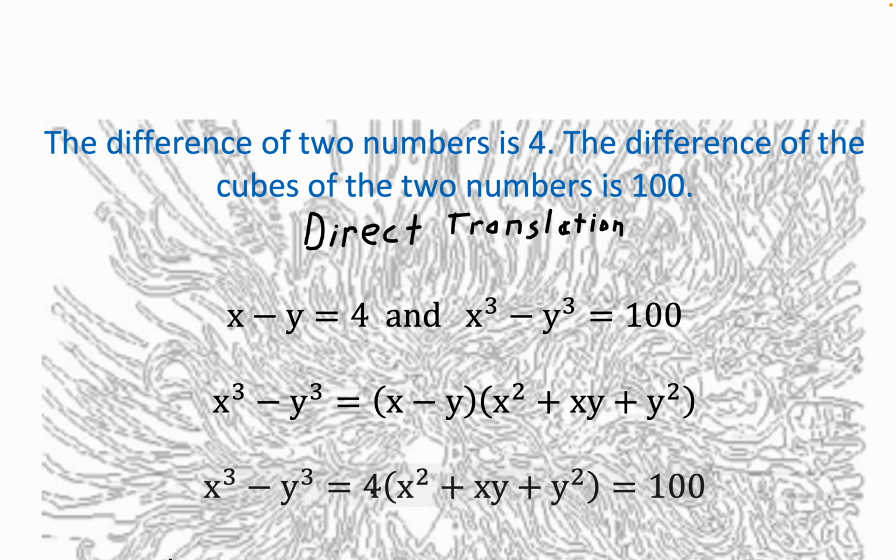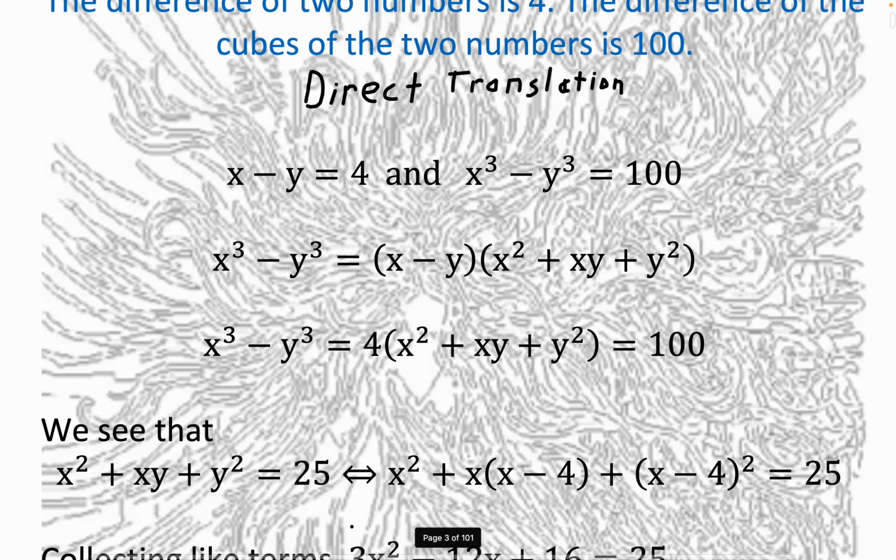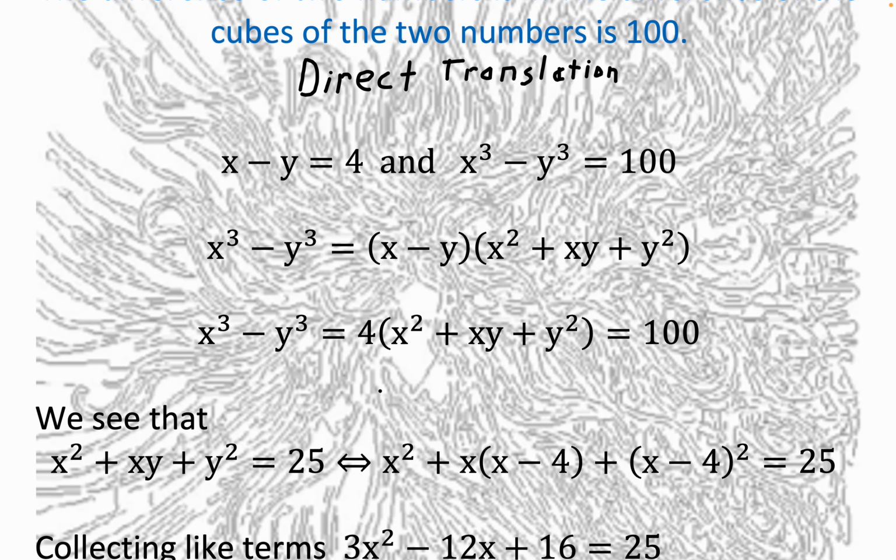X minus y gets replaced by 4 right here. The difference of the two cubes is 100. It appears right there. Now we can see at this point we're done with the x cubed minus y cubed piece. If we divide through by 4, we get this statement that you see right here. Divide both sides by 4 and you get x squared plus xy plus y squared is equal to 25.